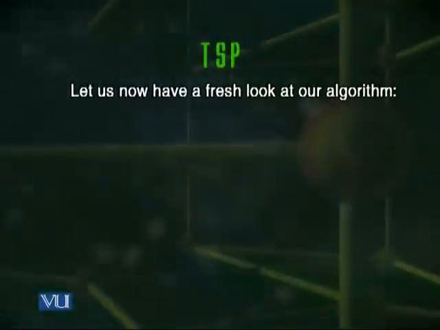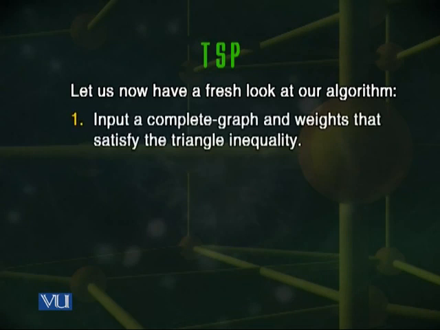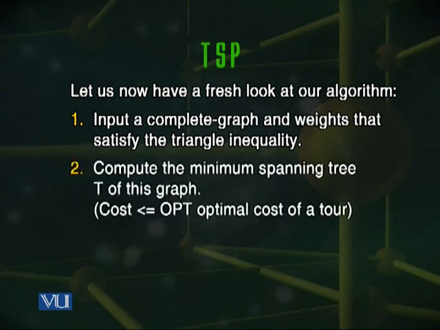Let's now have a fresh look at our algorithm and do the analysis along with the algorithm. The algorithm takes as input a complete graph and weights that satisfy triangular inequality. The first thing we do is we compute the minimum spanning tree T of this graph. And here we have a guarantee that the cost of this tree is less than or equal to opt. Opt is the optimal cost of the Hamiltonian cycle in this graph, the cheapest tour.